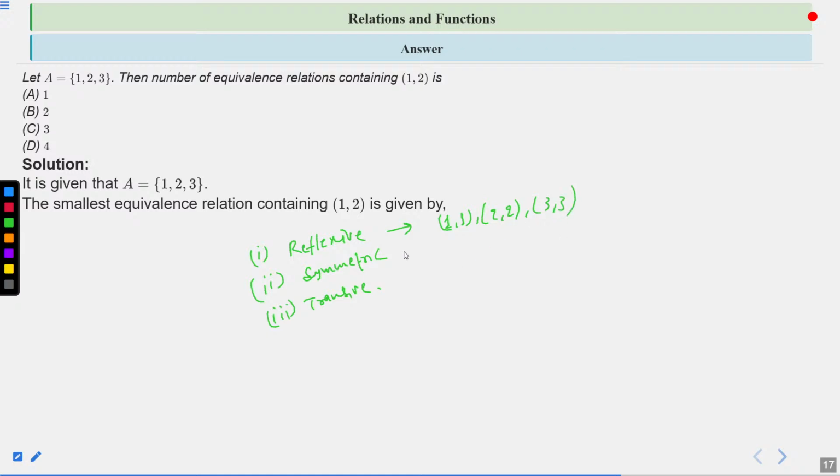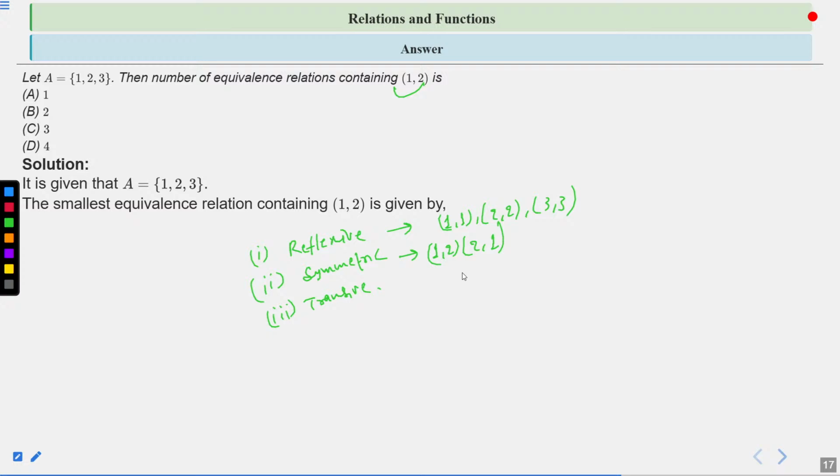Got it? For symmetric, we basically have to find the equivalence relation in which (1,2) must be present. If (1,2) must be present, then (2,1) must always be present for the relation to be symmetric.